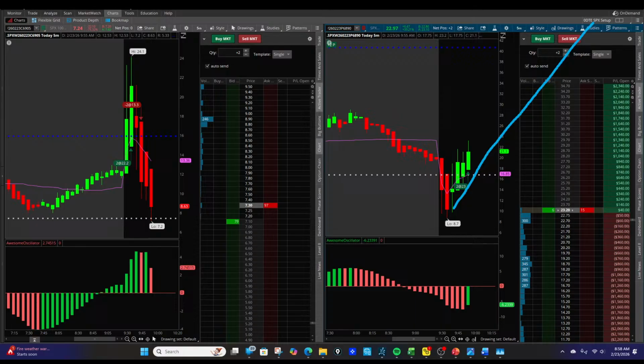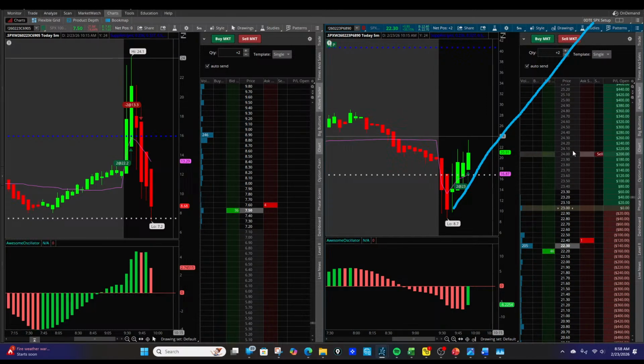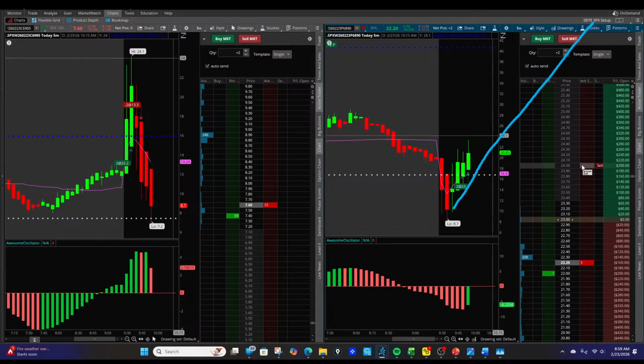Okay, so the next step is I'm going to first get this adjusted properly. It should be in 5-cent or 10-cent increments. And if it's in 10 or 5, that's good. I like 5. But this one is 10 cents. Okay.